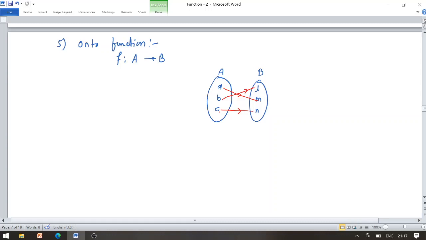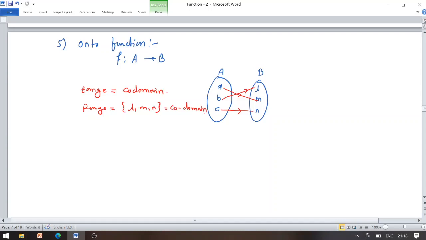Now look at the range and codomain of the given function. For an onto function, the range is equal to the codomain. Look at the range set. The range becomes the set of elements L, M, N, and the codomain becomes the set of all elements in set B. That means the range is equal to the codomain for the given function.